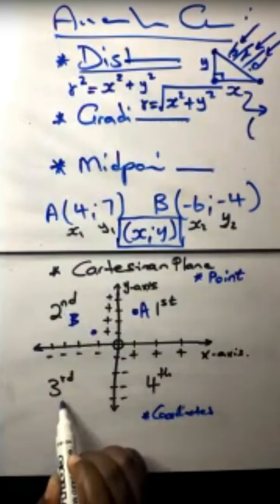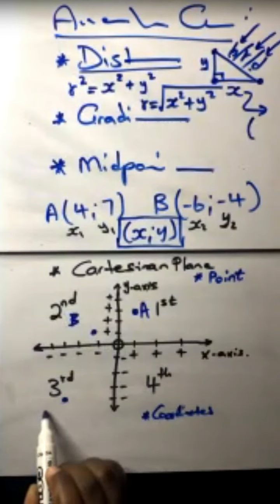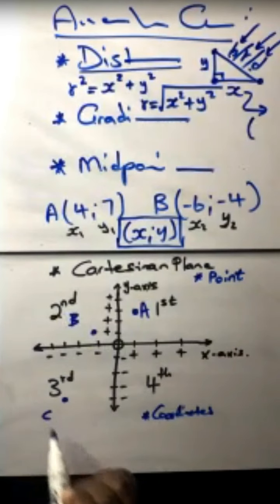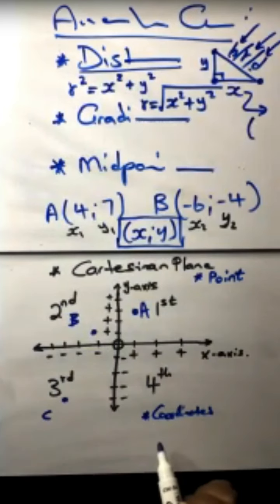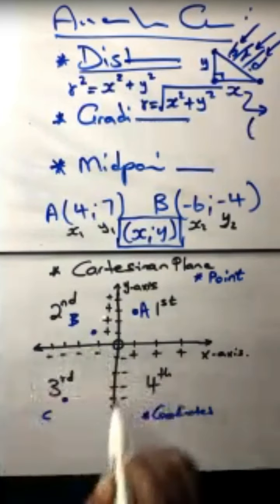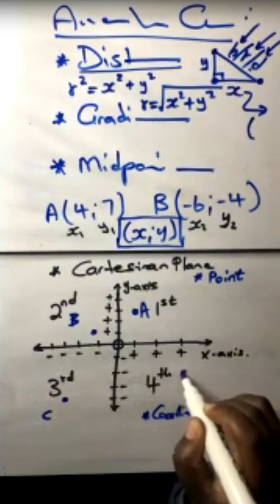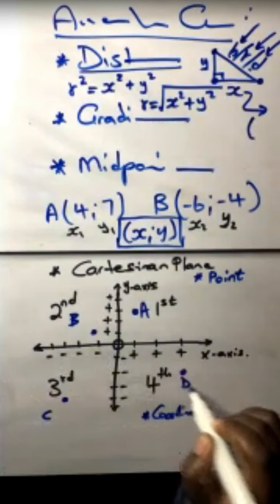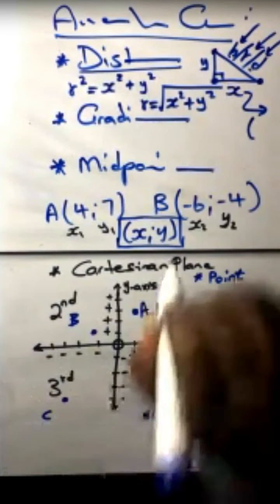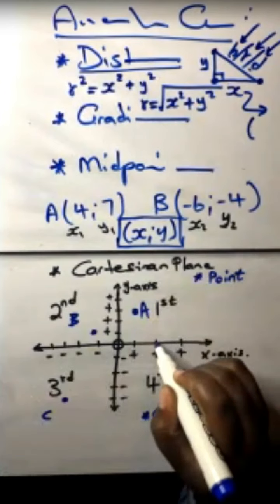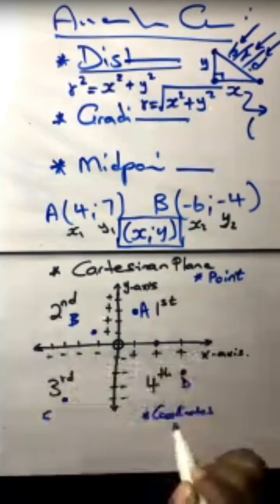You can have a point there which can be called a point C. So point C is that point over there, anywhere in the third quadrant. Also, you can still have a point, let's say maybe there, and this is called point D. Again, you can have a point exactly there along that line.